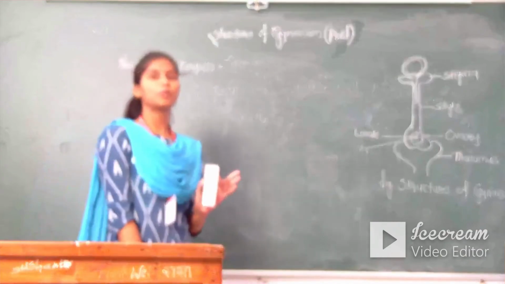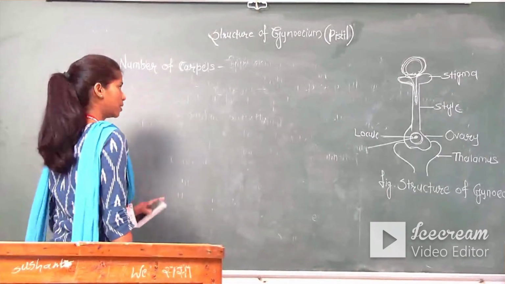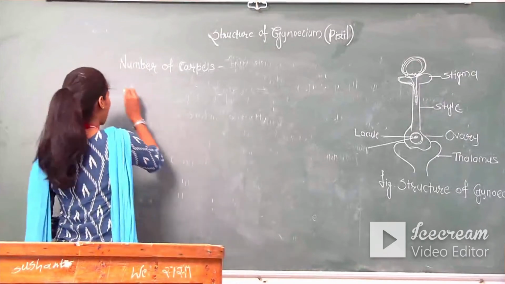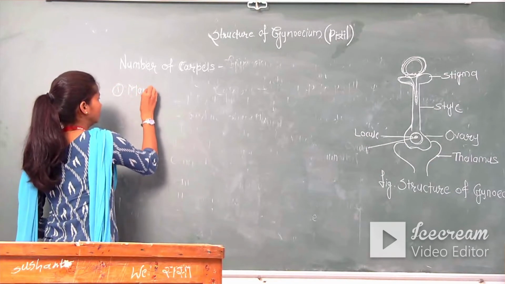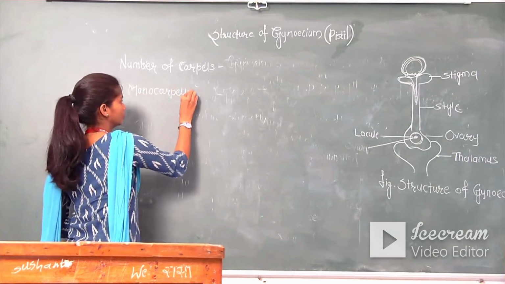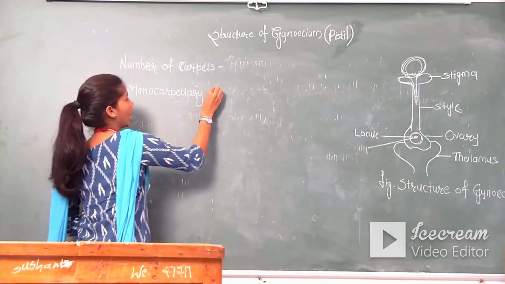Depending upon the number of carpels, the gynoecium of angiosperms is classified into the following types, which are monocarpellary gynoecium.